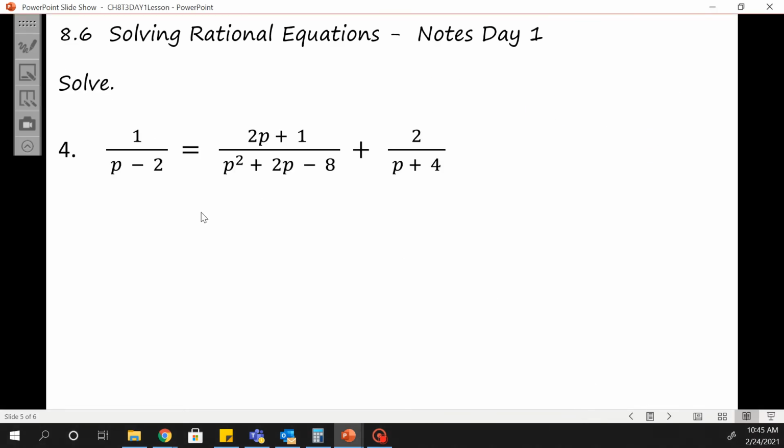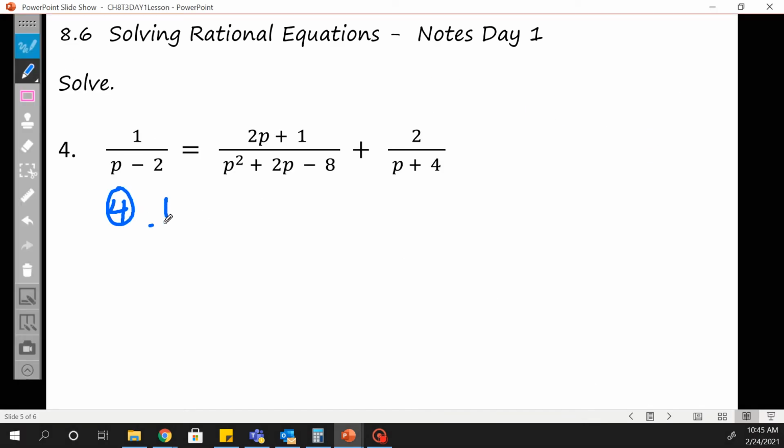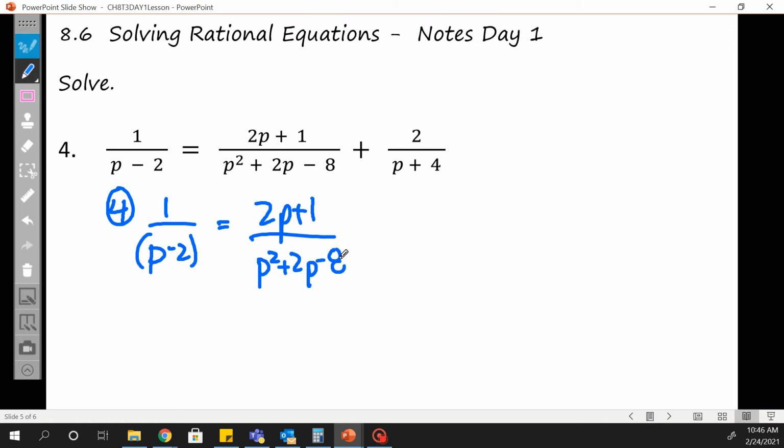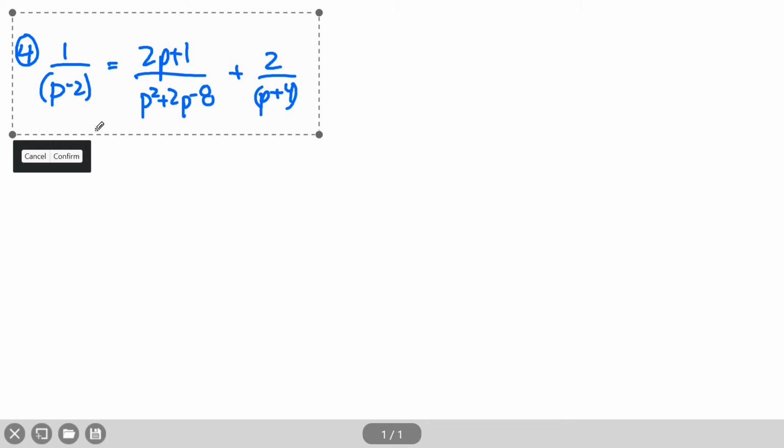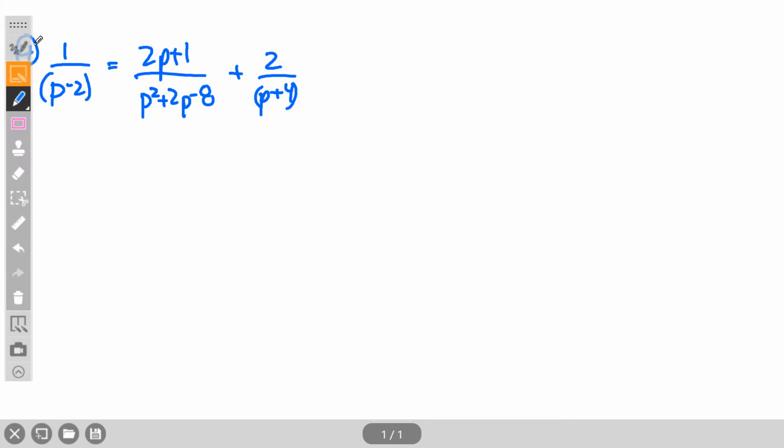And then number 4, 1 over p minus 2 equals 2p plus 1 over p squared plus 2p minus 8 plus 2 over p plus 4. All right, we need to make sure all the denominators are factored so that we can find our LCD.